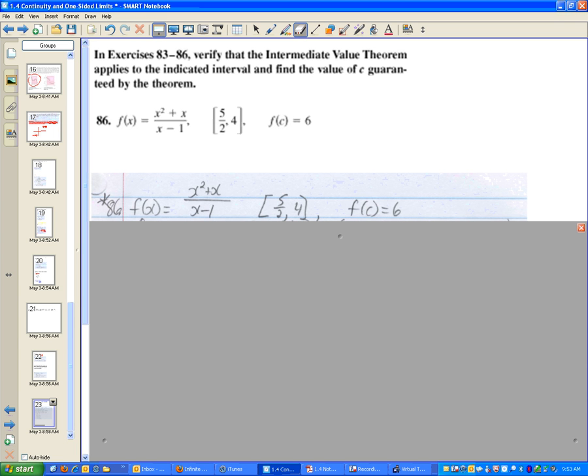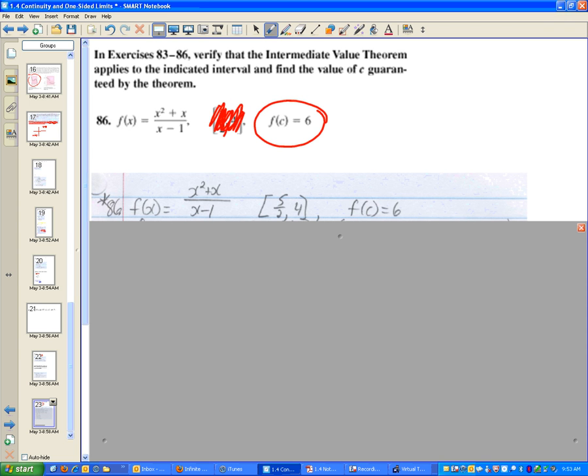All right. So that's what we have to guarantee, is that it crosses 6. So one of our endpoints will have a y value less than 6. The other one had better have a y value greater than 6, hadn't it? Is this a continuous function on that interval? Let me ask it this way.